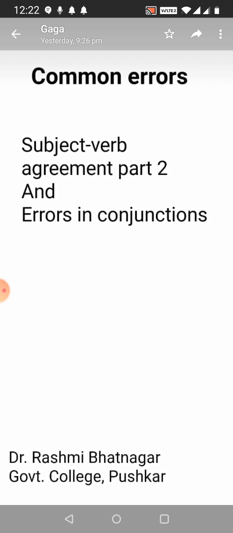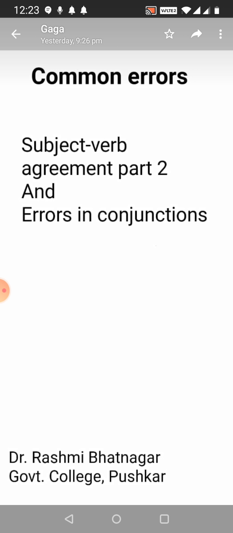The next rule that we take in today's class regarding subject-verb agreement is either or, neither nor. When two subjects are connected with either or, neither nor, the verb agrees with the second subject. For example, either the section officer or the assistant is responsible for this error.